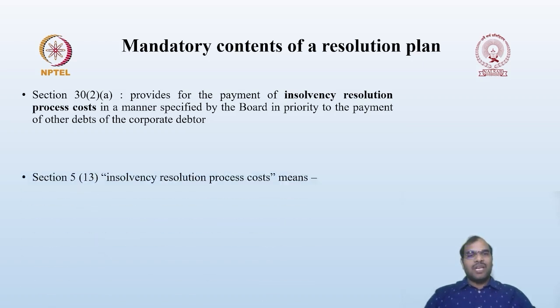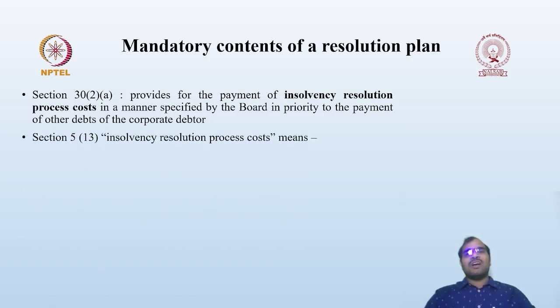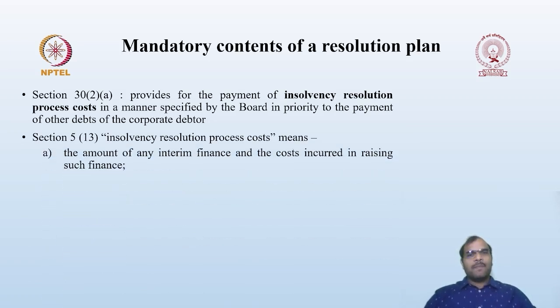Then, what is the meaning of resolution process cost? Insolvency resolution process cost is defined under section 5 subsection 13, which means the amount of any interim finance and the cost incurred in raising such finance. Suppose while continuing the resolution process, the resolution professional may require some interim finance.